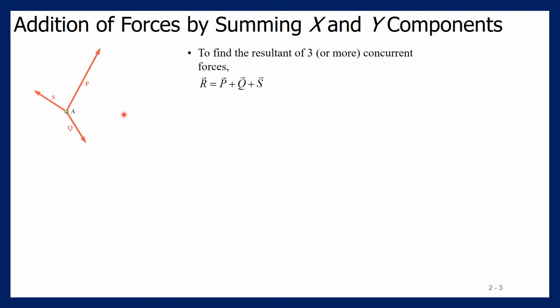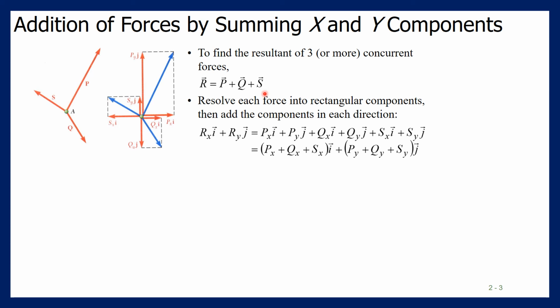So for the addition of concurrent forces, you simply need to add the three. R is equal to P plus Q plus S, and it is very easy. Suppose R is the resultant force.